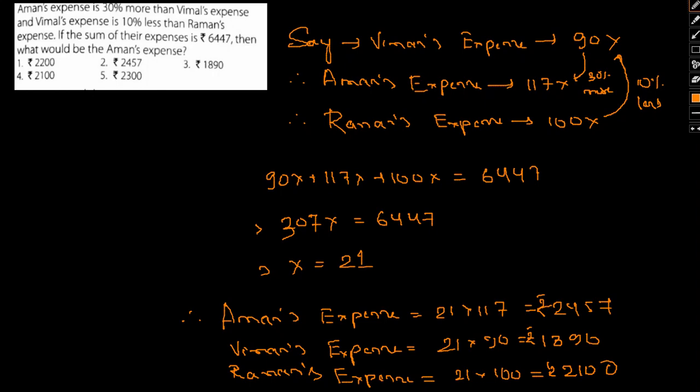So what is asked? We are asked about Aman's expense. So Aman's expense will be 2457, the correct answer.